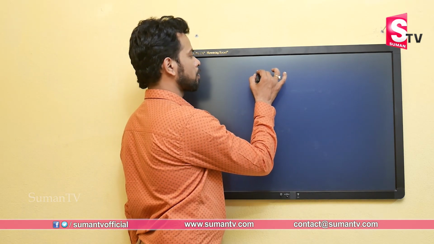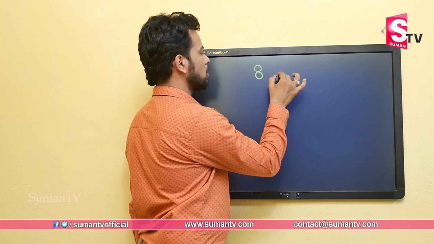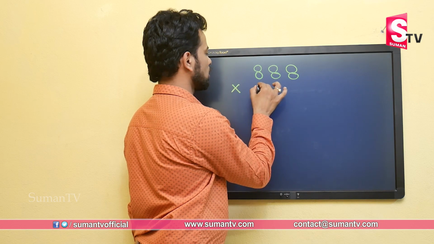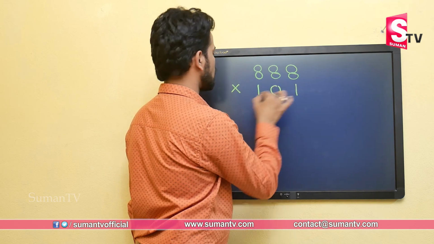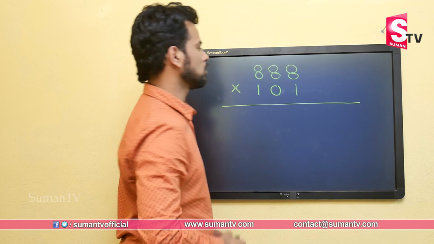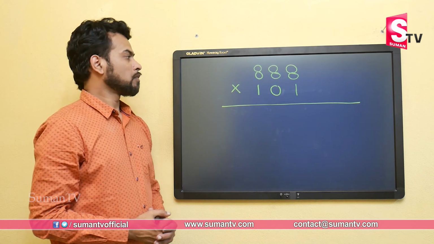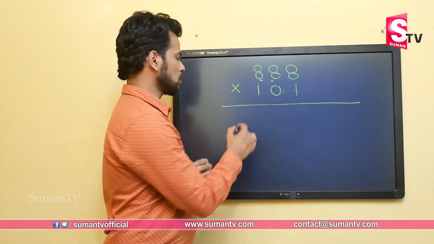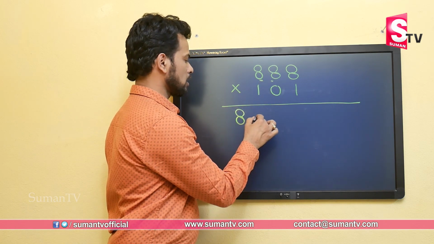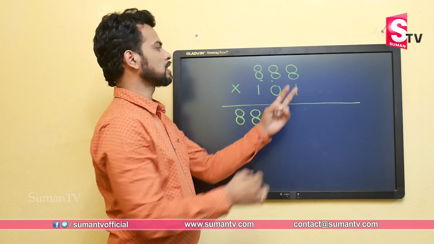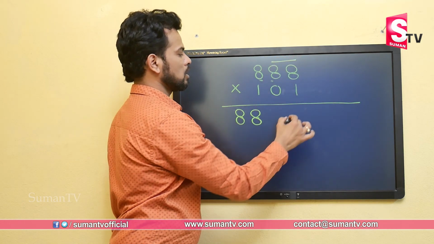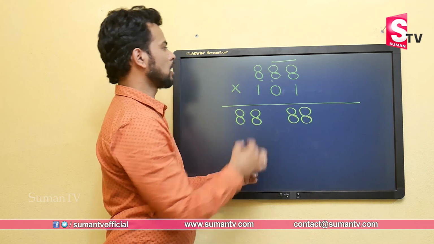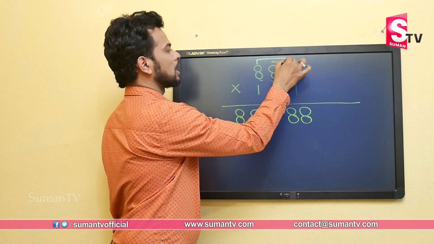Let's do a final example in this. Suppose it is 888 multiplied by 101. Okay. So everyone can try this. Left side 2 digits are 88, so we will place 88 on the left side. Right side 2 digits are also 88, so we will place 88 this side. And we will add 8 and 8.